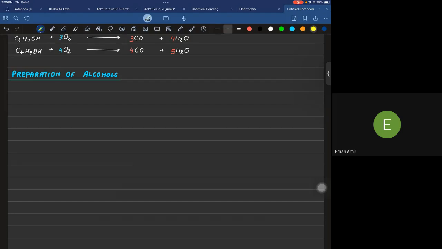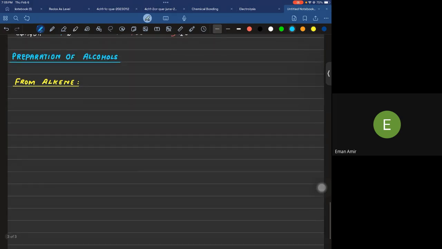So from alkene, let's suppose I have C double bond C, then H, then H, and I'm adding a water molecule.